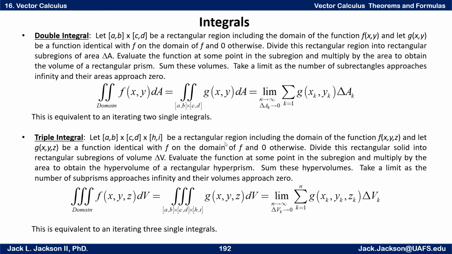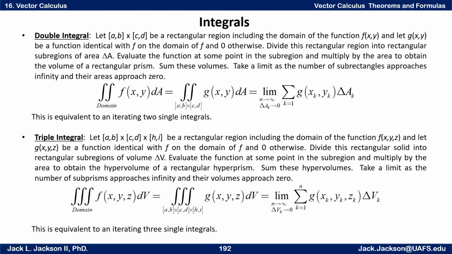Similarly, for a triple integral, we take a rectangular region, this time not a rectangle, but like a prism. So x goes from a to b, y from c to d, z from h to i, and make sure it's big enough to include the domain of our function f of x, y, z. Let g of x, y, z be identical with f on the domain of f and 0 otherwise.